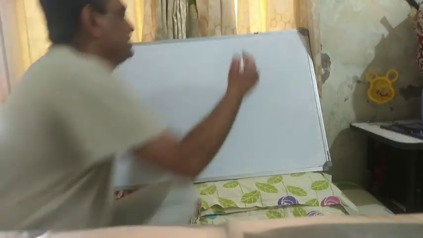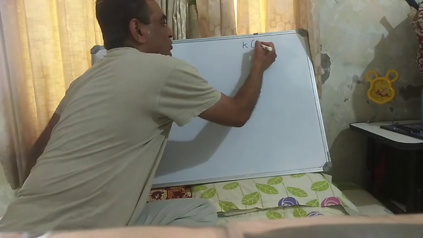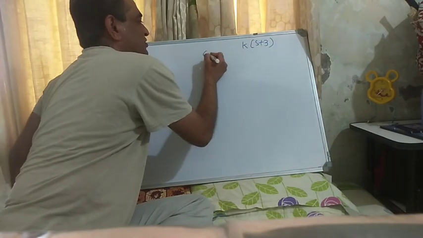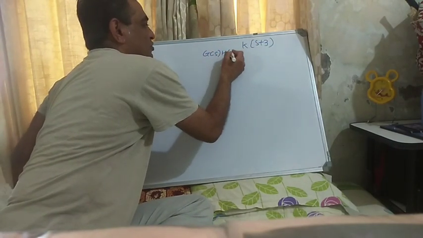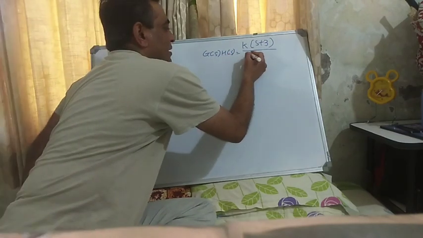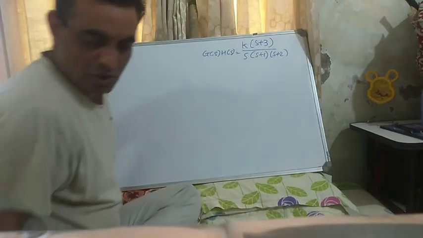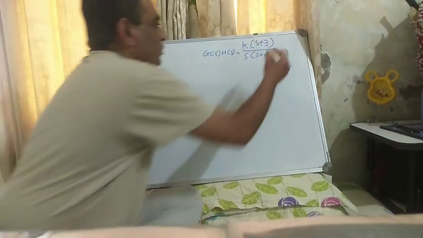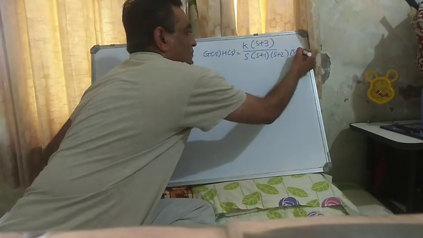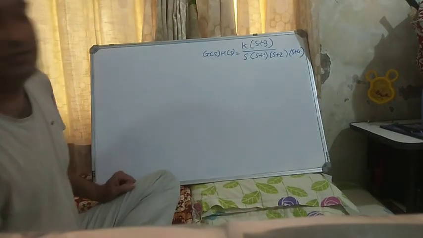Let's say there is an open loop transfer function G(s)H(s) equals k times (s plus 3) upon s times (s plus 1) times (s plus 2), and let's say I take another pole, that is (s plus 4). This is the open loop transfer function.